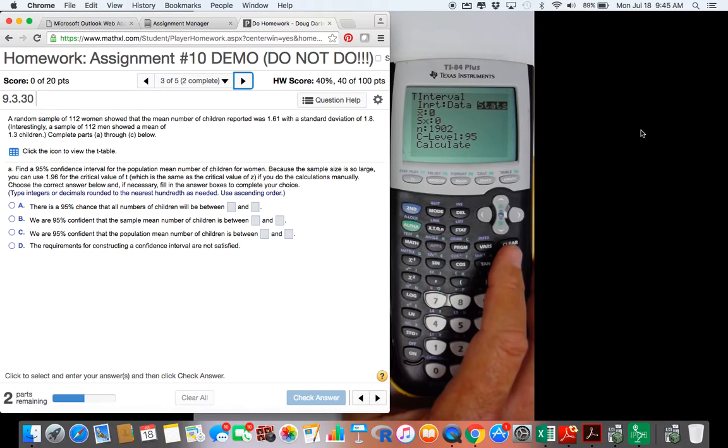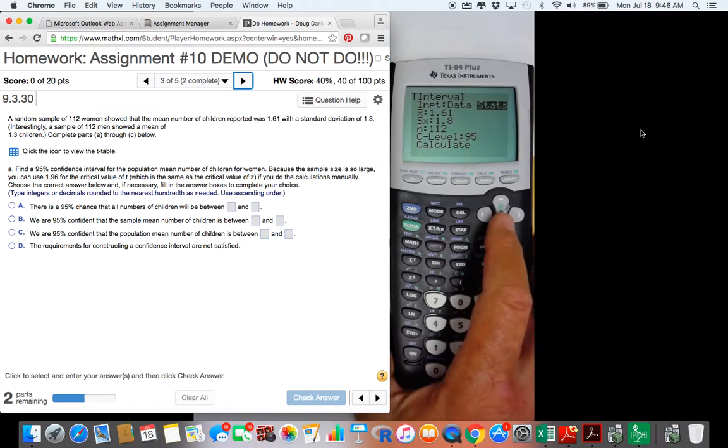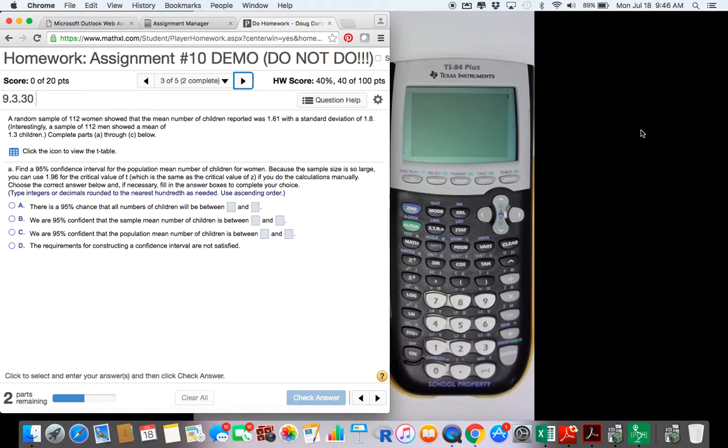So my sample mean is 1.61. My sample standard deviation is 1.8. My sample size is 112. And my confidence level is 95. Simple stuff, boys and girls.